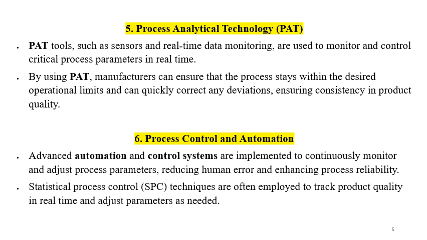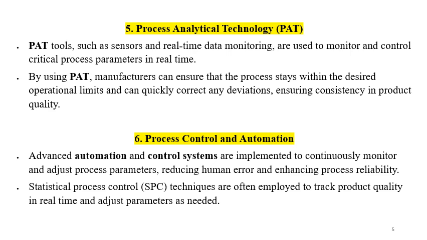PAT technology can be used in blending and lubrication processes to minimize the chances of demixing and to ensure proper blend uniformity. Process control and automation. Advanced automation and control systems are implemented to continuously monitor and adjust the process parameters, reducing human errors and enhancing process reliability.